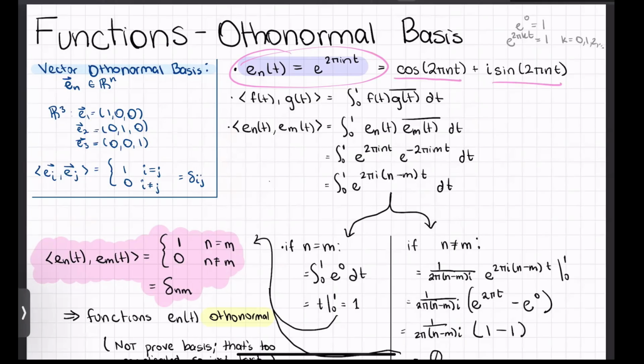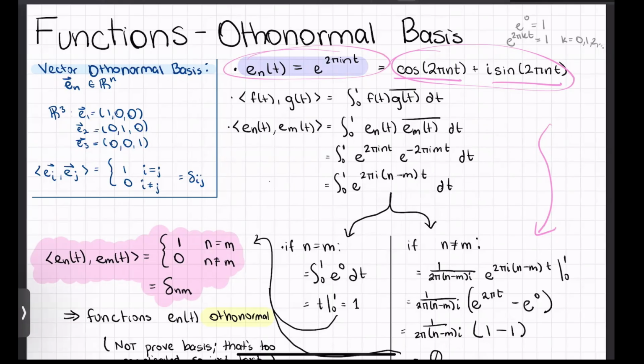Because recall that e to the 2 pi int, using Euler's formula, is the same thing as this formula right here. And again, you can read through this and prove to yourself as well that not only is this a basis, but it's an orthonormal basis.